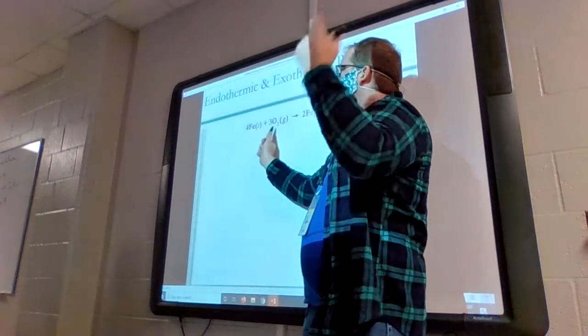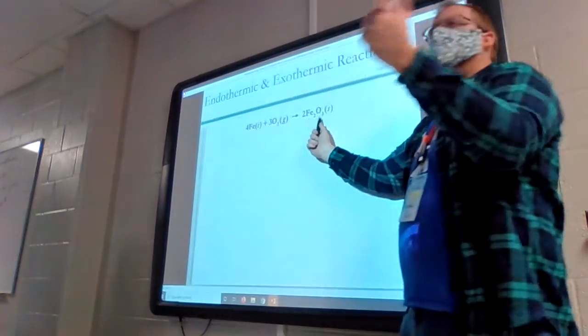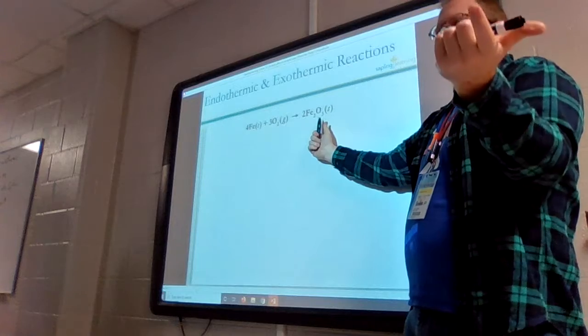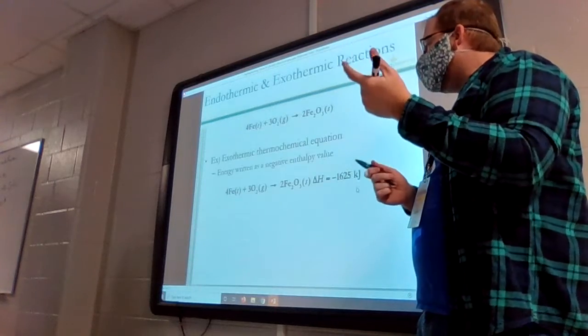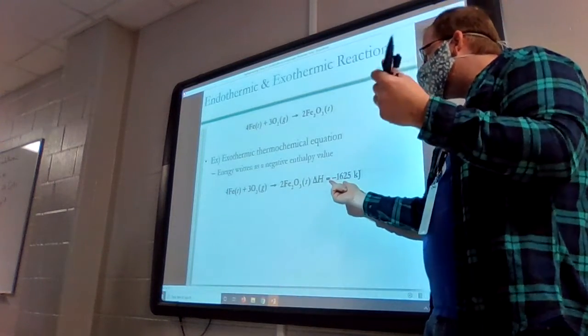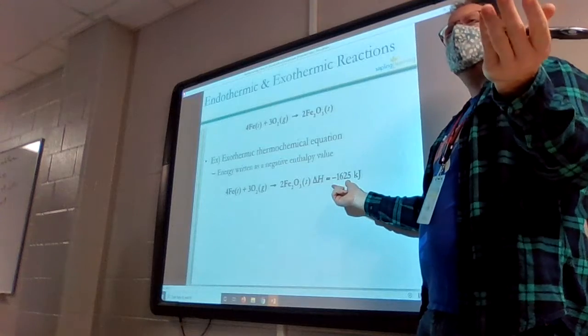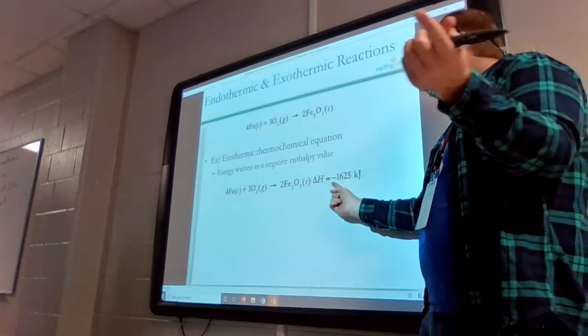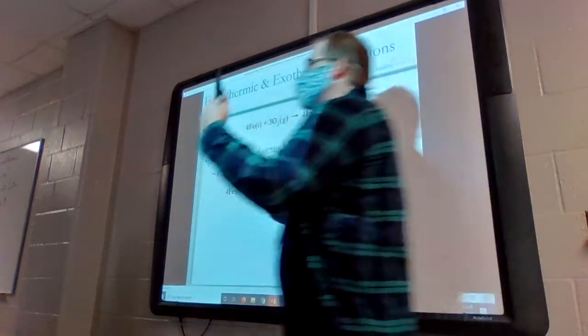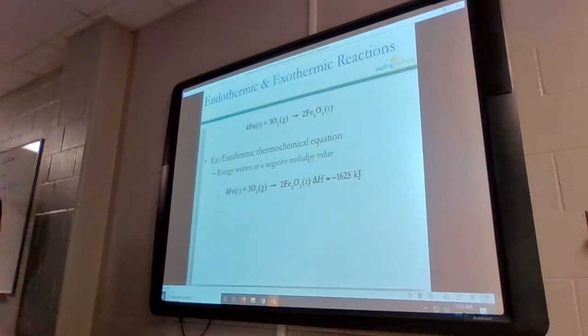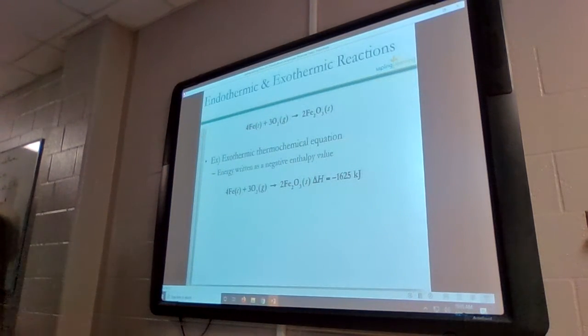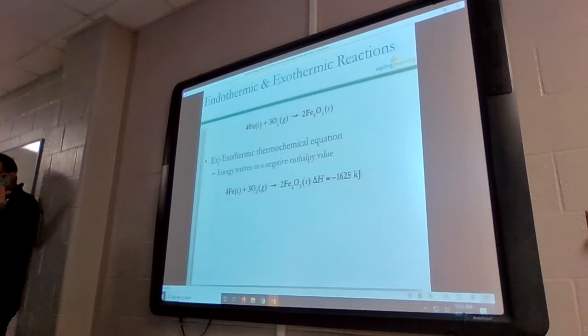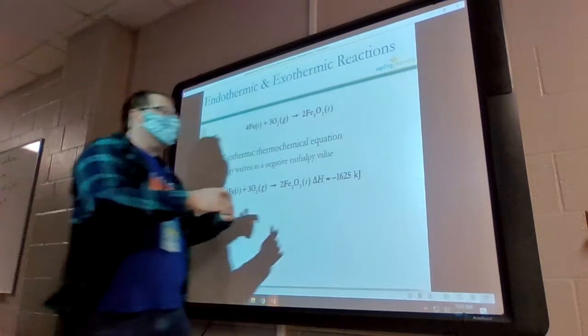So here's your example. 4 Fe plus 3 O2 goes to 2 Fe2O3. My iron is rusting. That's what's happening here. So the heat of this reaction is negative 1625 kilojoules. The negative tells me it's exothermic because my heat is leaving the system. So negative is exothermic, positive is endothermic, because of which direction my heat is going.